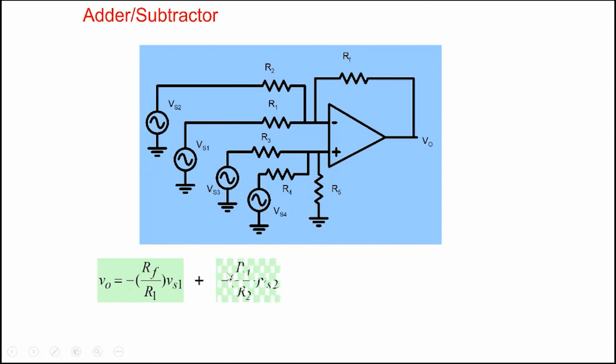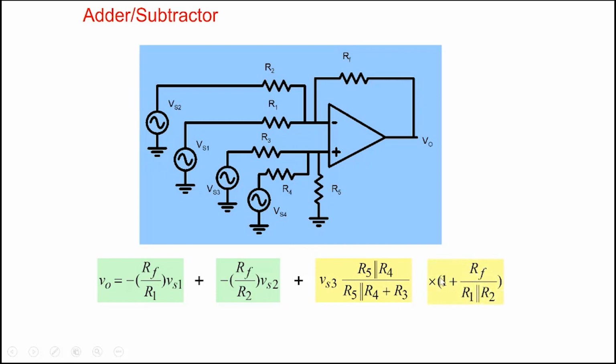Inverting, minus RF by R2, Vs2 here. This one is R5 parallel R4 divided by R3, multiplied by 1 plus RF by R1 parallel R2. Note that when you're looking at Vs3 here, Vs1 is short, Vs2 is short, so R1 comes in parallel with R2. And the whole thing looks like a non-inverting amplifier.